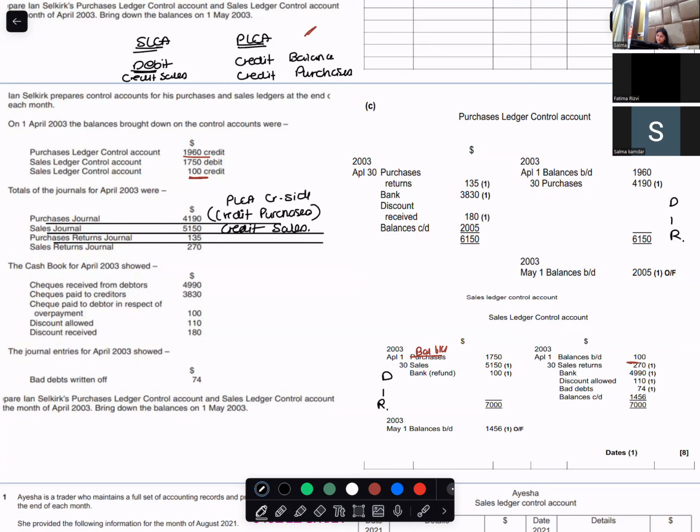Purchase returns give you credit. Where will purchase return come? Opposite side. This is the normal side, I'm highlighting it for you so that it's easier for you. Everything else comes on the opposite side.